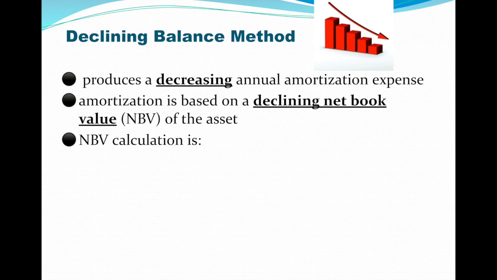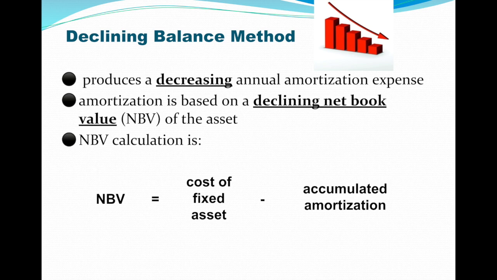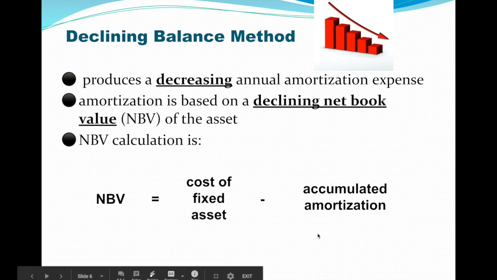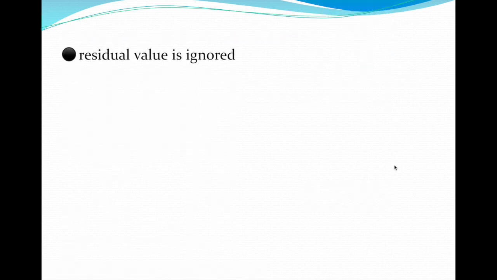And so the NBV calculation is equal to the cost of the fixed asset, the historical cost, minus the accumulated amortization. So the more an asset is amortized, the lower the net book value is going to be.